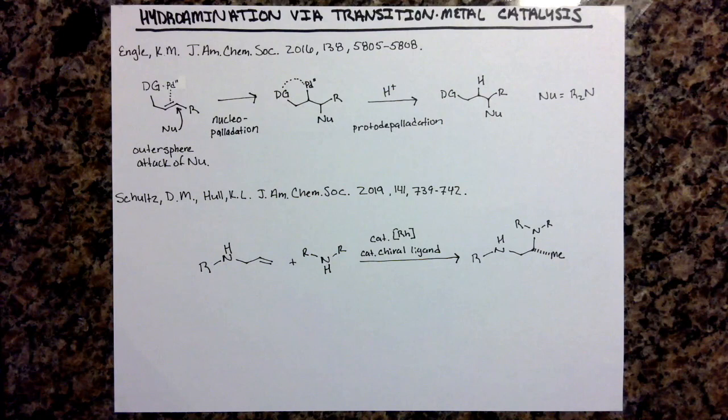One thing that this paper gets at that we'll discuss more in depth when we start talking about the oxidative addition of amines followed by alkene coordination, as in the Hartwig paper, is the electrophilicity of the ligands and the transition metal. And so in this case, they identified a bidentate phosphine ligand that has electron withdrawing groups around the phosphines. And what they pitch is that that makes the transition metal more electrophilic, thus activating the alkene towards nucleophilic attack by the amine in solution.